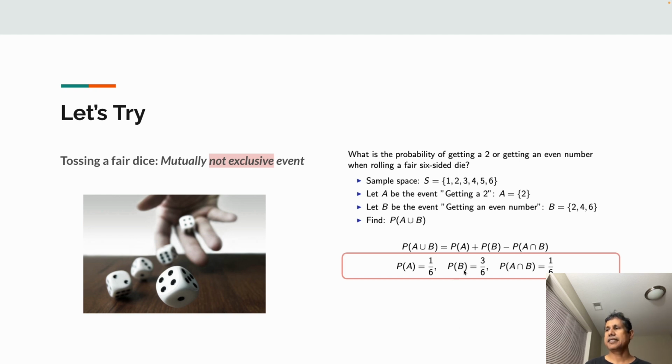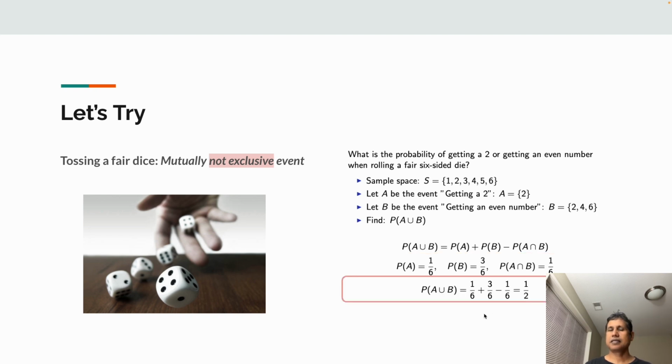The probability of B is 3/6, as you have 3 instances of even number out of these 6. And the probability of A and B is 1/6. If you believe in this setup, then the probability of A union B is 1/6 plus 3/6 minus 1/6, equal to 1/2, okay? So again, this is for non-exclusive events. That means that two events have some overlap, okay?